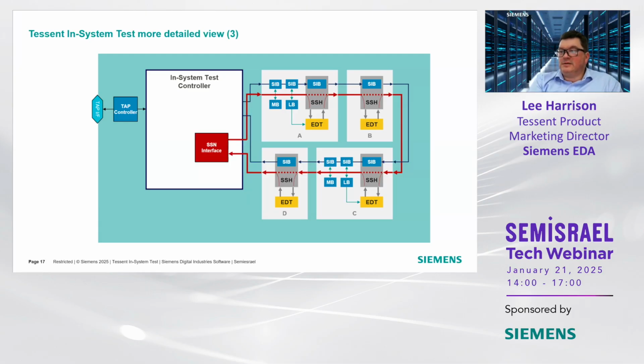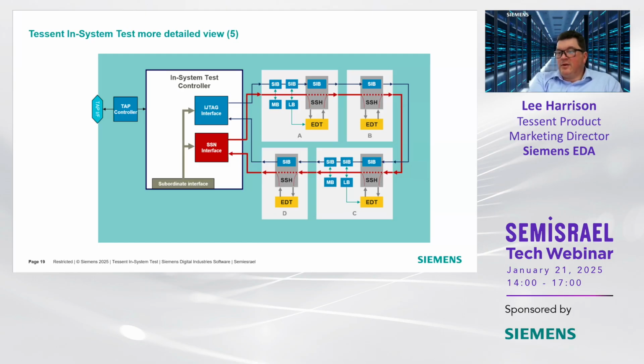Within the in-system test controller, we now have the interface to SSN. So we're able to drive SSN directly from the in-system test controller. We are still able to control the IJTAG network. This is still a requirement to drive all the configuration and set up all of your design in the various test modes.